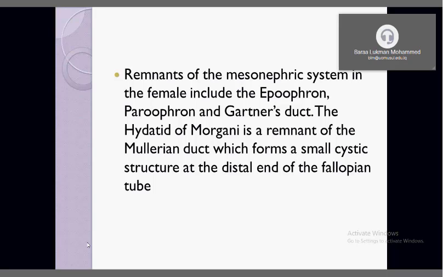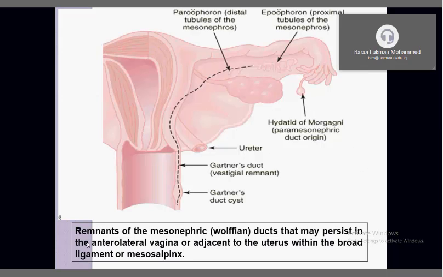The hydatid cyst of Morgagni is a small remnant of the Mullerian duct, which forms a small cystic structure in the distal part of the fallopian tube, and this may sometimes become large and enter in the differential diagnosis of an adnexal mass.